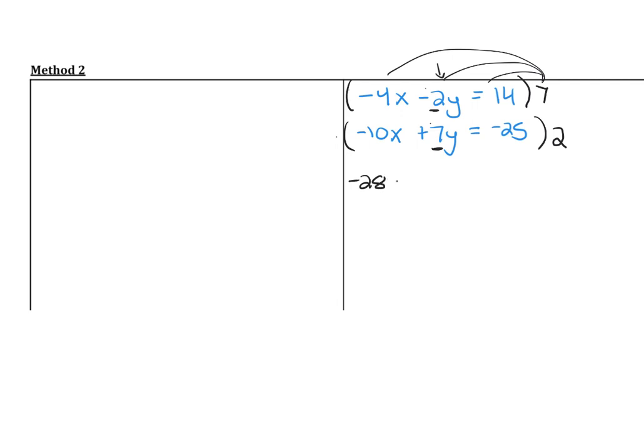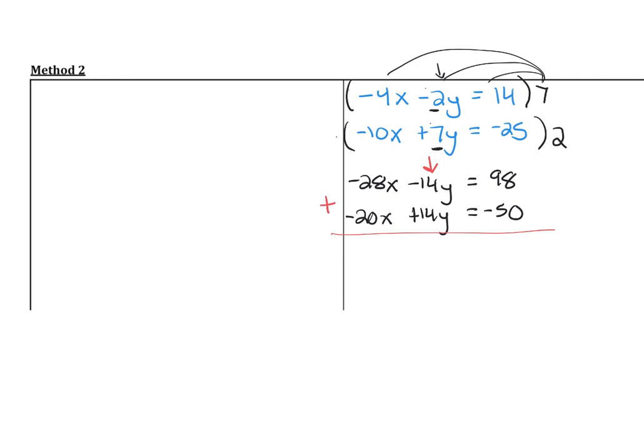So negative 28x minus 14y equals 14 times 7 is 98. And then the next equation, multiply everything by 2. So negative 20x plus 14y equals negative 50. All right, so that multiplication matched these up.